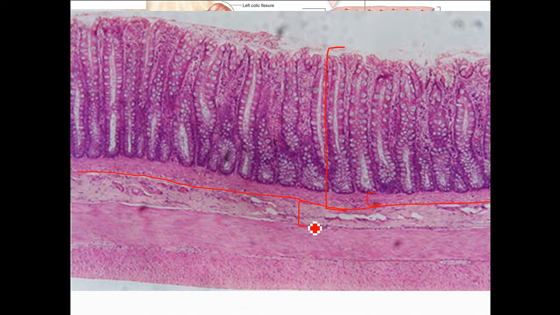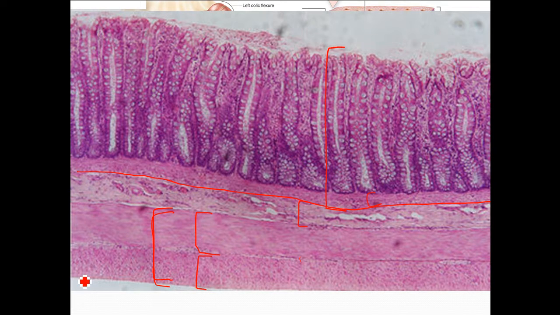That's the submucosa, and we do see two over here because it was cut right in the middle. So what is this layer here when we look at it fully? Muscularis externa, having the inner circular layer and the outer longitudinal layer.